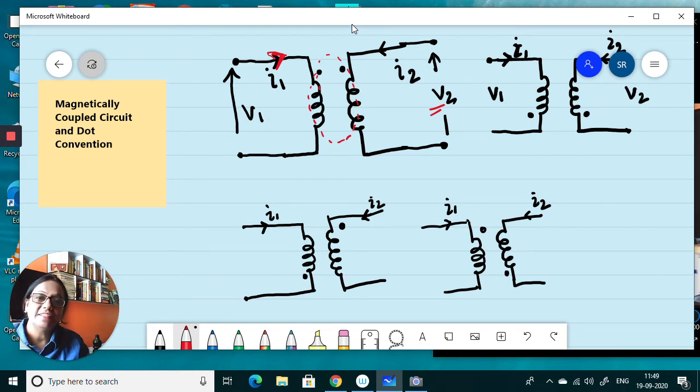So here we can see a magnetic circuit: this is coil 1, this is coil 2, and they are placed very close to each other.